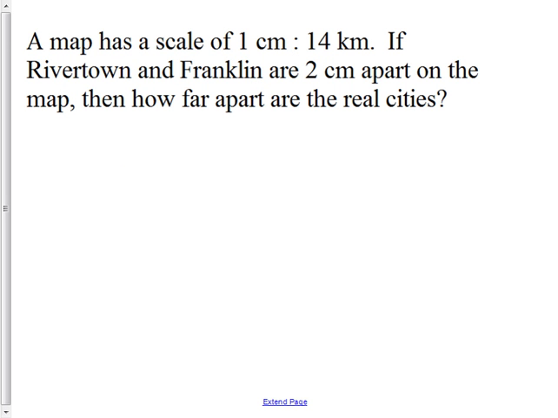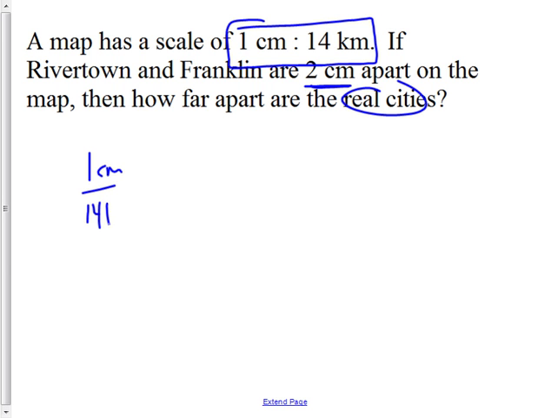So a map has a scale of 1 centimeter is equal to 14 kilometers. If Rivertown and Franklin are 2 centimeters apart on the map, then how far apart are the real cities? So again, just write your scale, 1 centimeter and 14 kilometers is equal to 2 centimeters and x kilometers. So now we can go ahead and cross multiply. It does always work out nicely when we do 1 times x, and then we just get x is equal to 28.